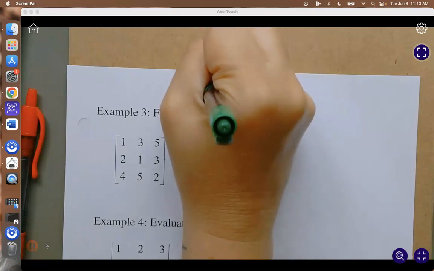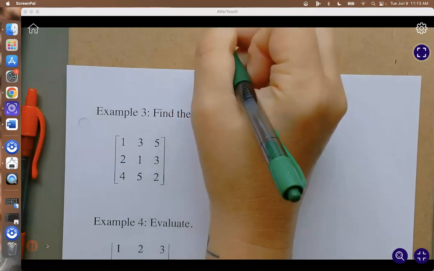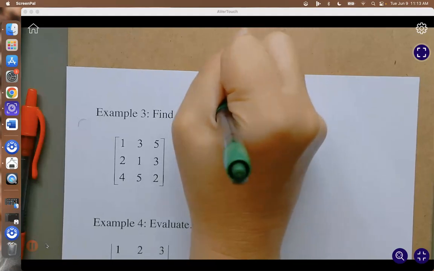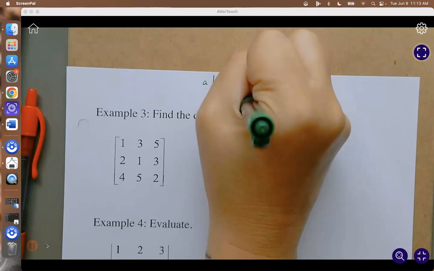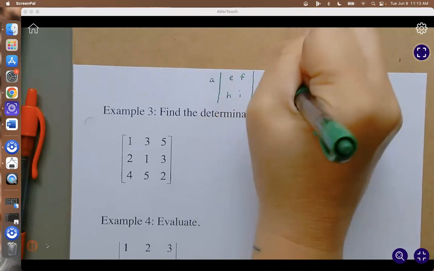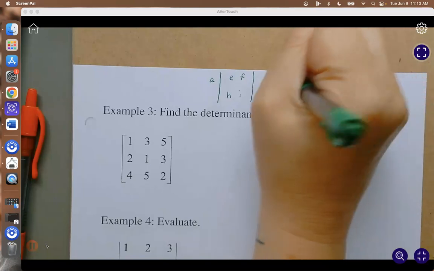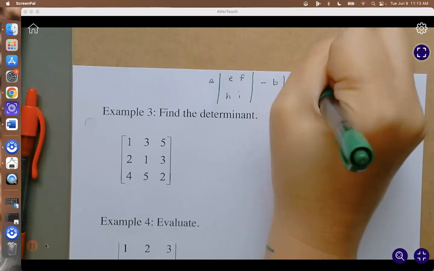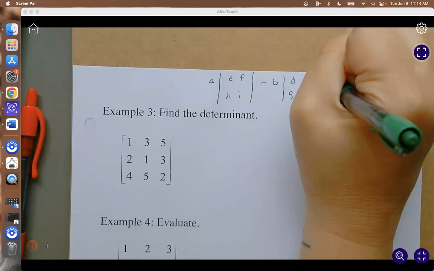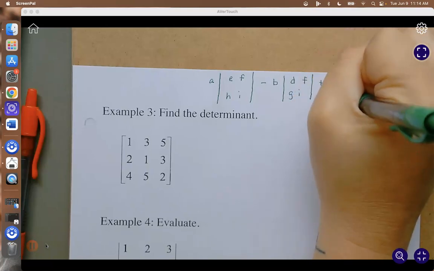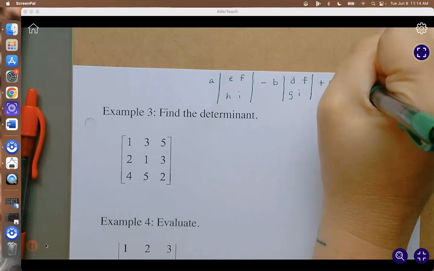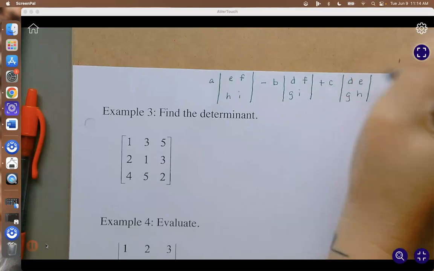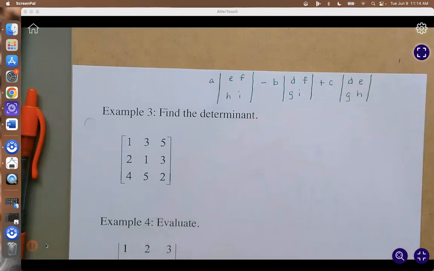So, we're going to have A, and then E, F, H, I, minus B, D, F, G, I, and then plus C, then it'll be D, E, G, H. Okay? And that'll just help us find the signs.